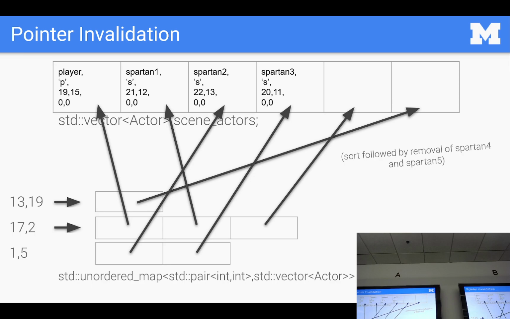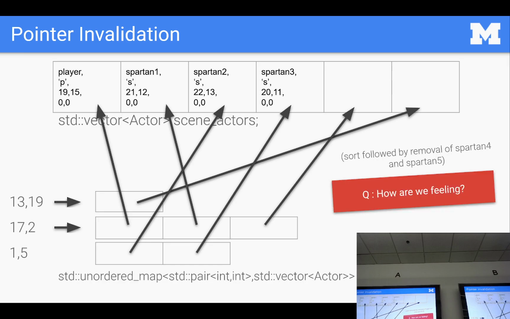And so now everything is absolutely miserable. It's a complete disaster, and you might not realize it until it's too late, until things start blowing up. So we now have two dangling pointers that are pointing to nothing, or we don't even know what's going on there. They could be pointing to anything. And so that's not good.